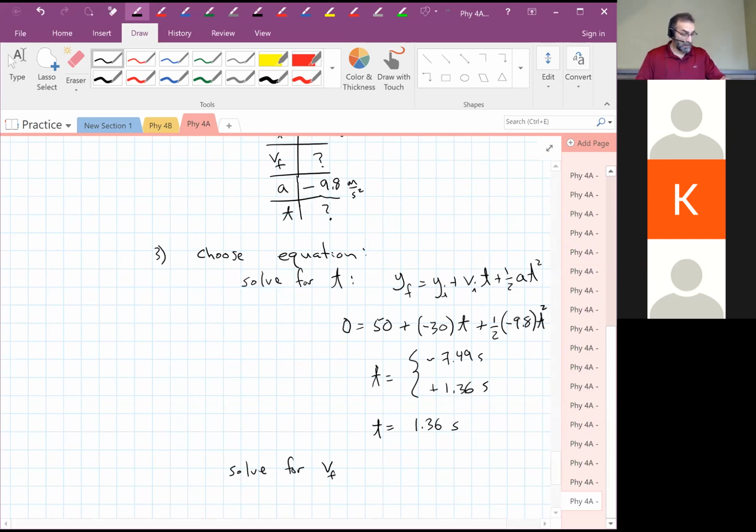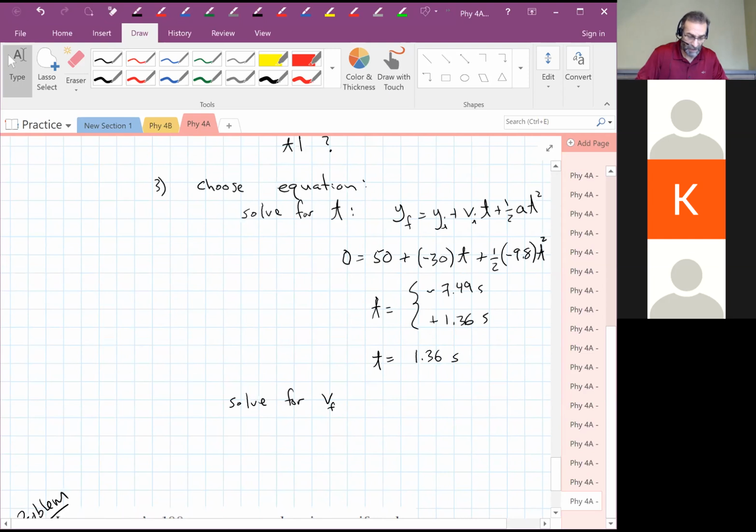So one thing you could do is, if you're not sure you got the right answer for time, see if you can find an equation that's missing time and then solve for v final. If you're pretty confident in your answer for time, then pick the simplest equation you can find and get v final.